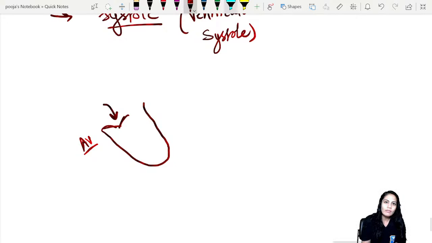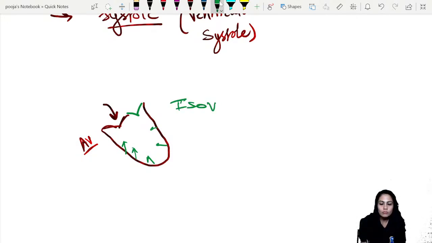Then which valve will open once the contraction has started? There is a phase when both valves are closed, and this is known as isovolumetric contraction.